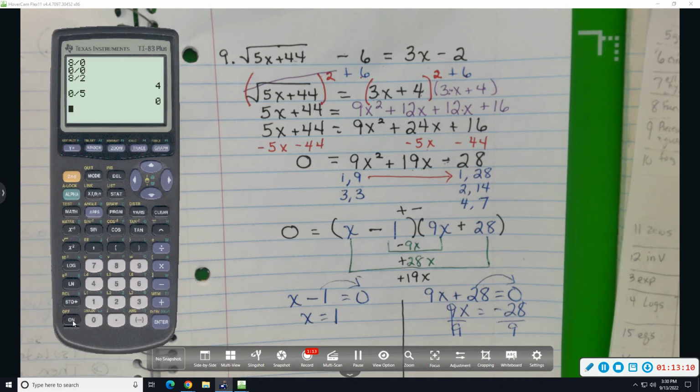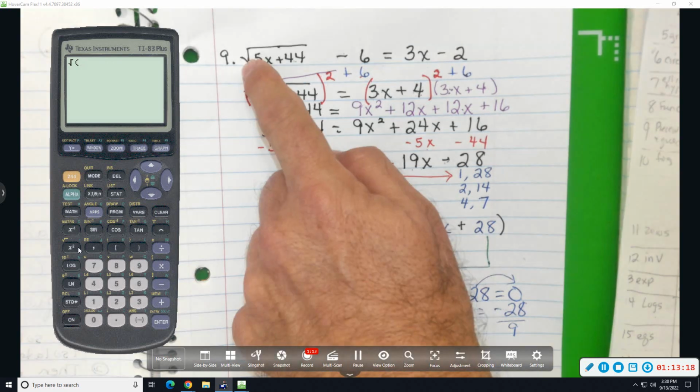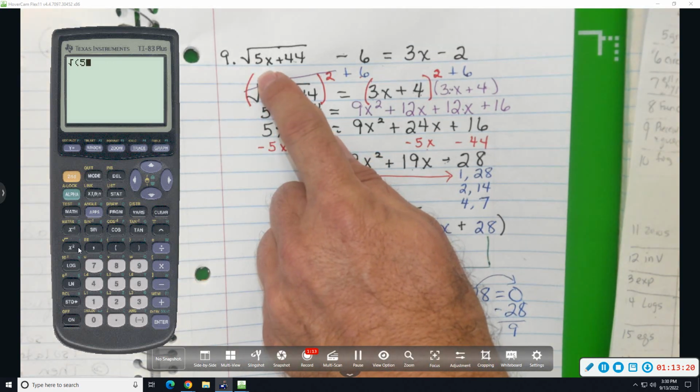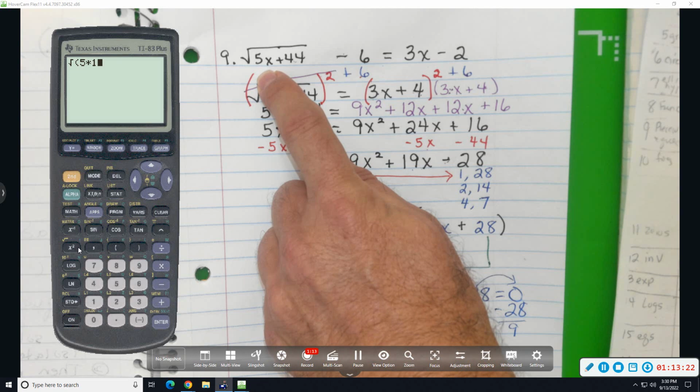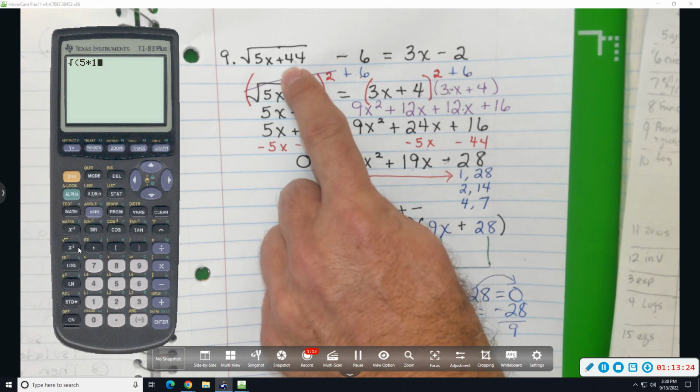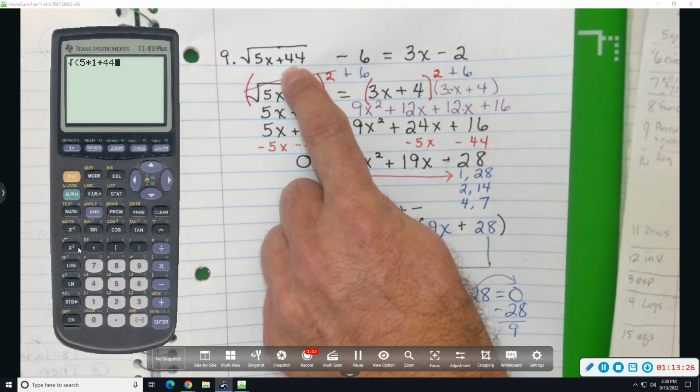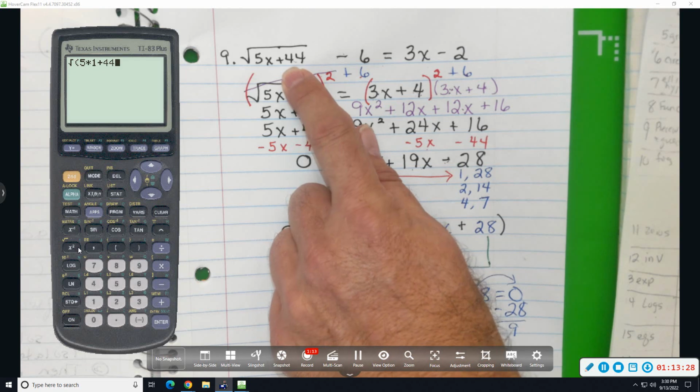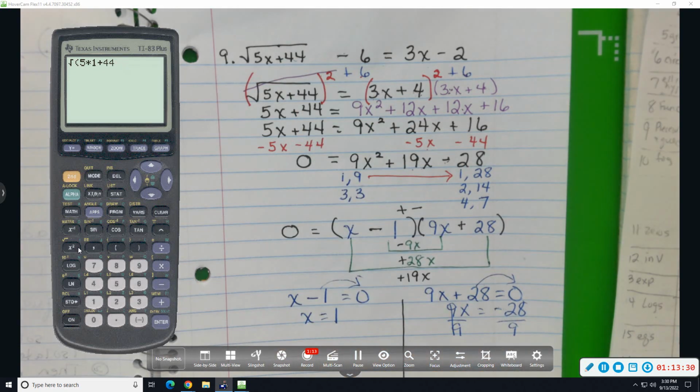Because if you replace the x in the square root of 5x plus 44, you will get the square root of 49, which will equal 7 minus 6, so that's 1. Placing 1 for the other x, for the 3, will be 3 minus 2, which is 1. Did y'all hear all of that?